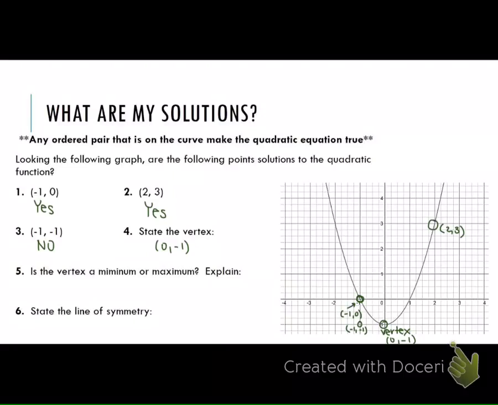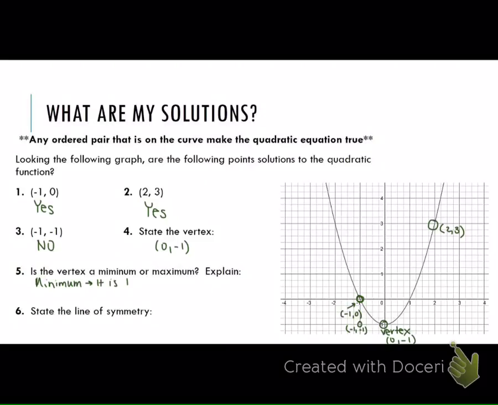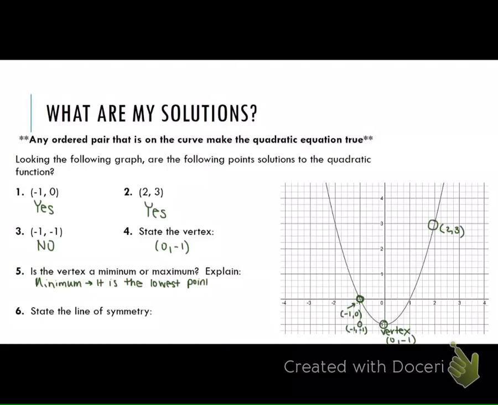It is the lowest point, right? It is opening up. So it is a minimum, we can say for two reasons here. It is the lowest point, and the graph opens up.